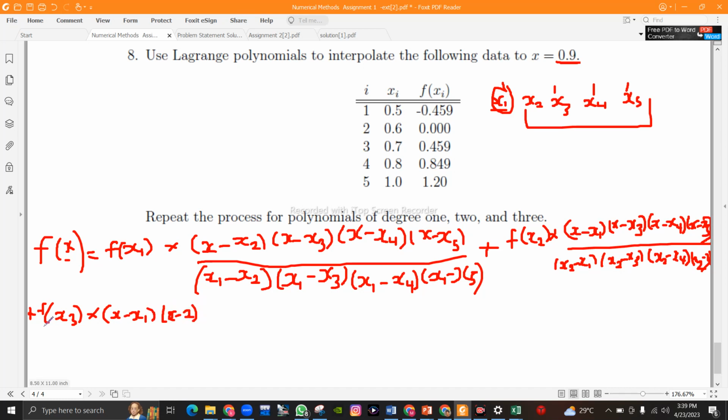Now, because we are using 3, there will not be x minus x3. Then x minus x4, then x minus x5.